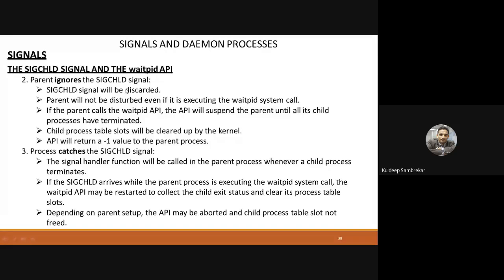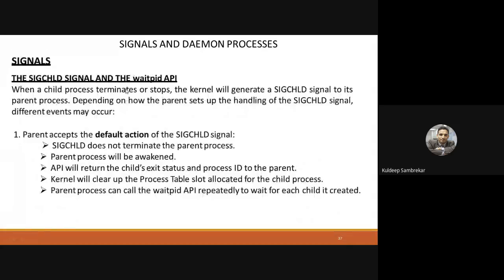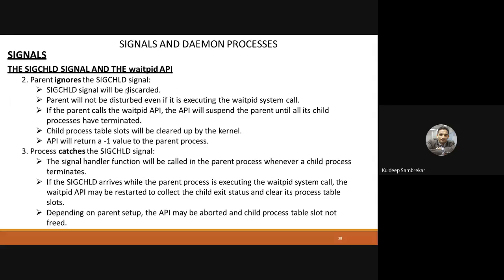First one was, if the SIGCHLD signal is given, it can accept the default action, which does this. If not, it can ignore it. Or the third one is, if the child has terminated, the process can catch the SIGCHLD signal. Now catch means take that signal and you can perform whatever action the parent wants to do. That is nothing but the user defined function I have said, something like in signals only.